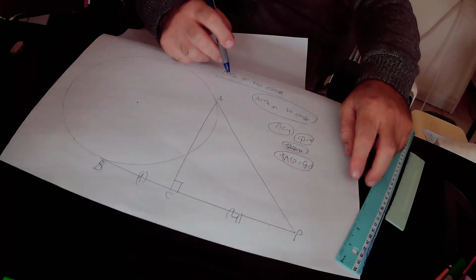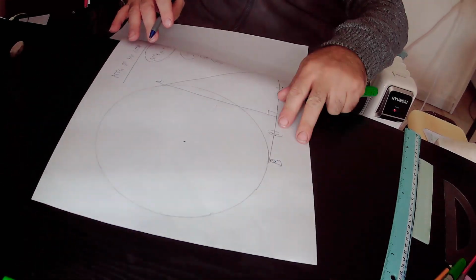This is tangent PA that is equal to 5 units in length.